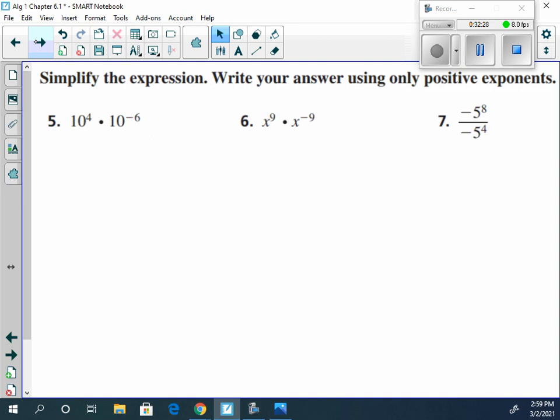All right. Let's look at these 3. So the first one, because the bases are the same, we can add the exponents. So this here would be 10 to the 4 plus negative 6. Negative 2. 4 plus negative 6 would be negative 2.